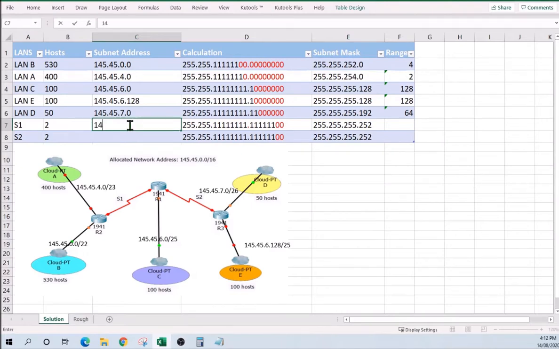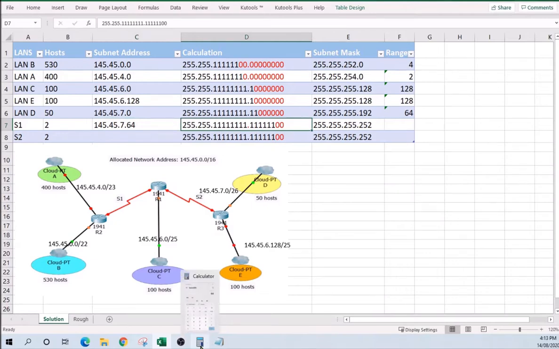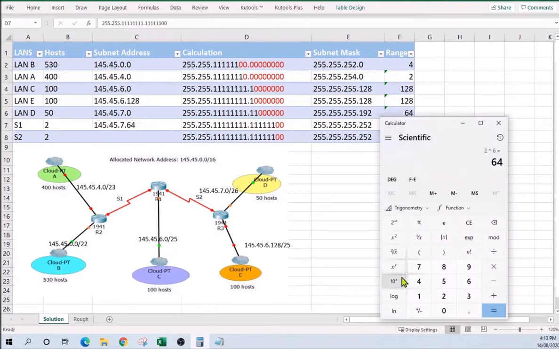Let me write down this one here, 145.45.7.64, right? And for serial 1, we need a maximum of 2 IP addresses, that means 2 hosts. So if we want to accommodate a maximum of 2 hosts, we have to use 2 bits, because 2 to the power 2 is equal to 4.